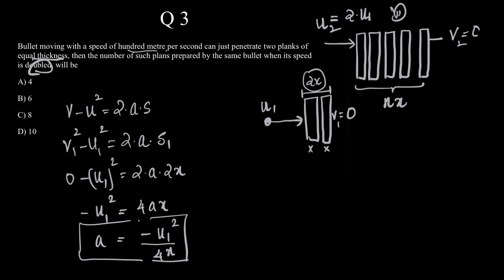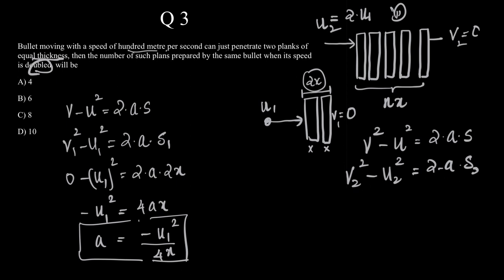If we write the equation of motion, we can write v square minus u square is equal to 2 into a into s. So v2 square minus u2 square is equal to 2 into acceleration, which remains constant, into s2.